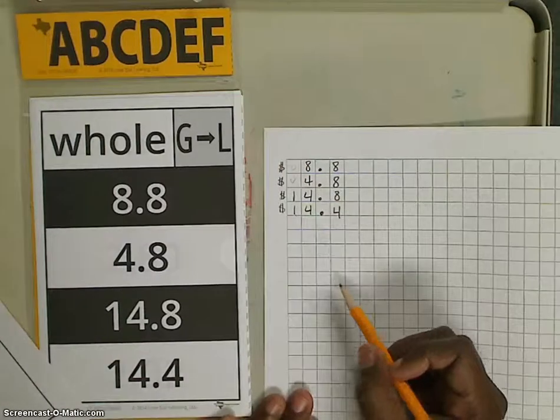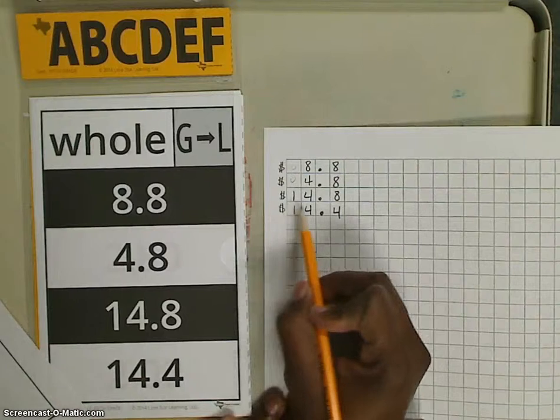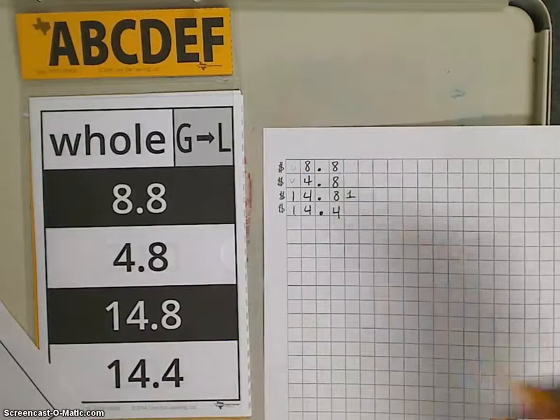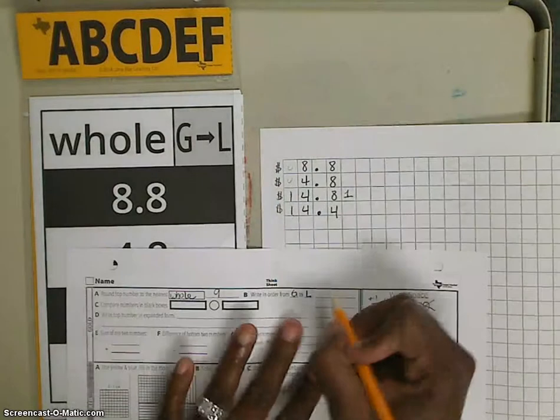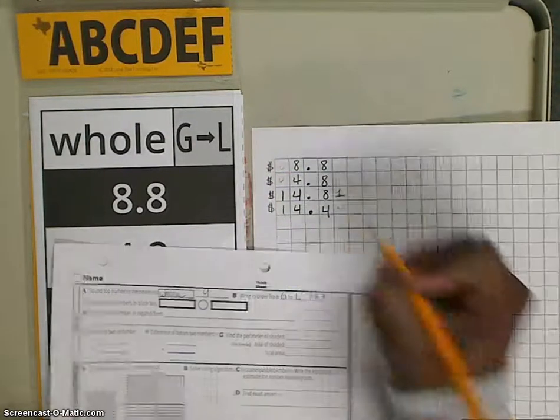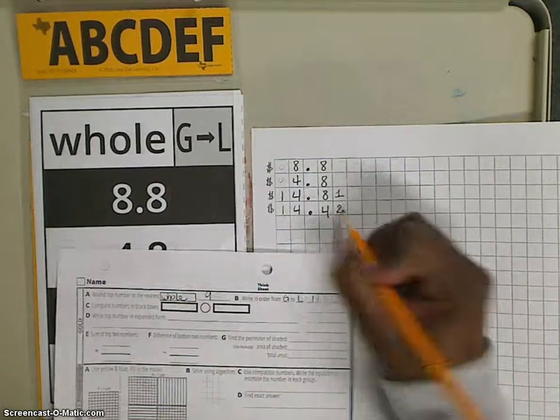And I'm going from greatest to least. Automatically I can see 14 and 8/10 is my number 1. So I'm going to fill that in. And then 14 and 4/10 is number 2.